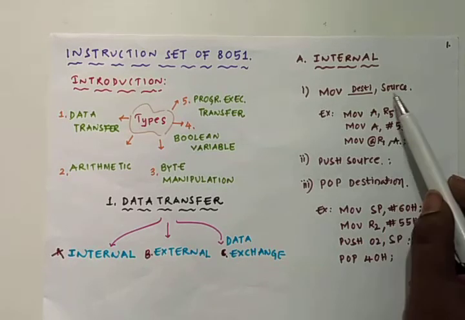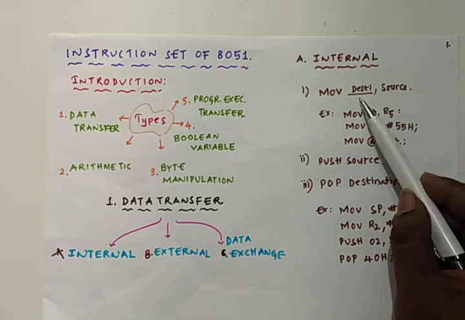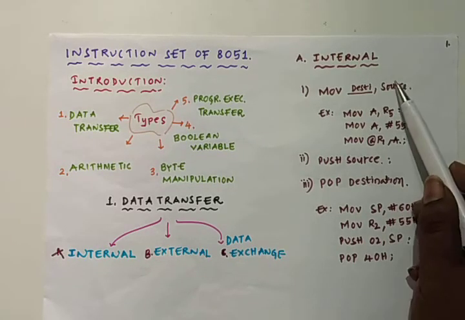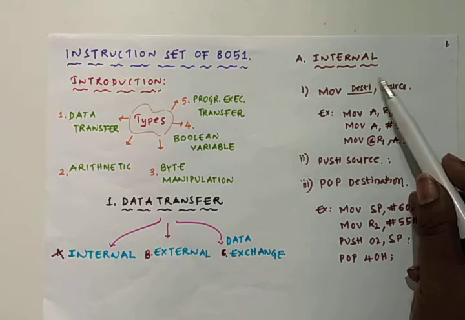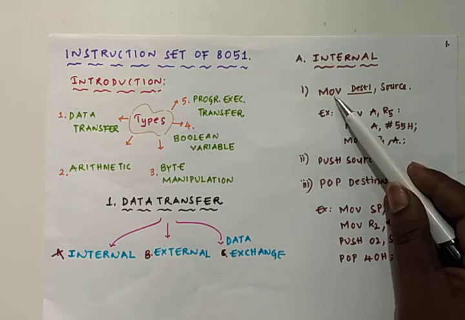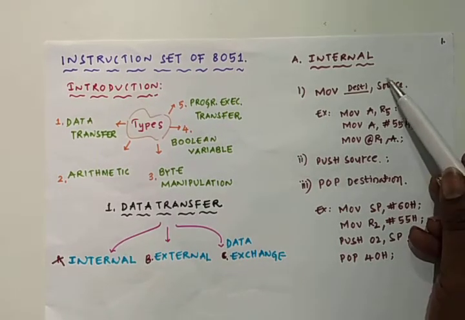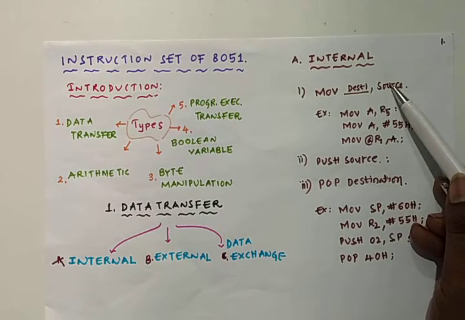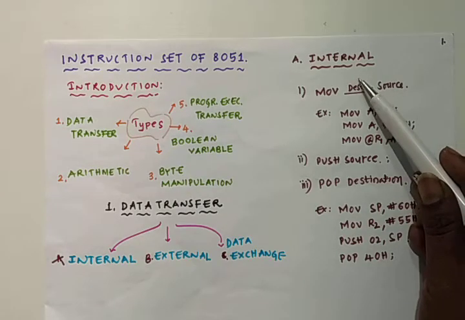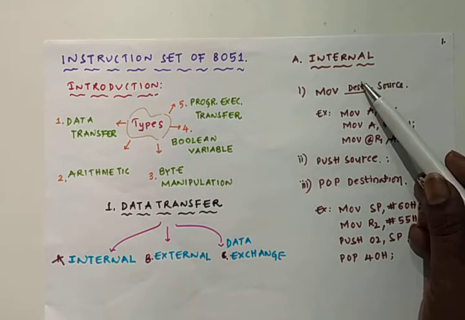This is the destination operand and this is the source operand. The instruction is MOV, so that whatever data is in the source operand will be moved into the destination operand.